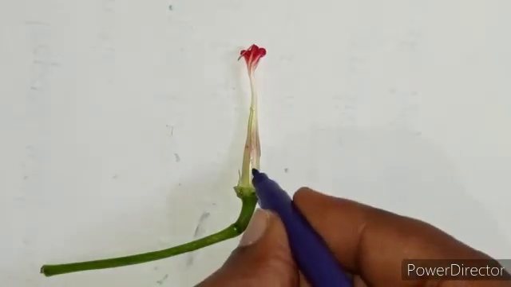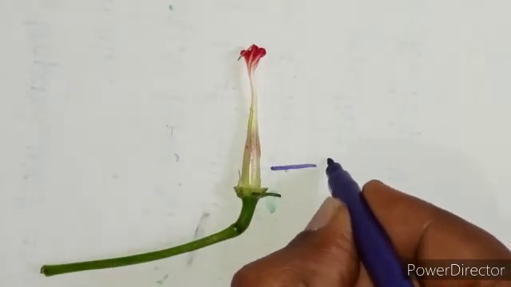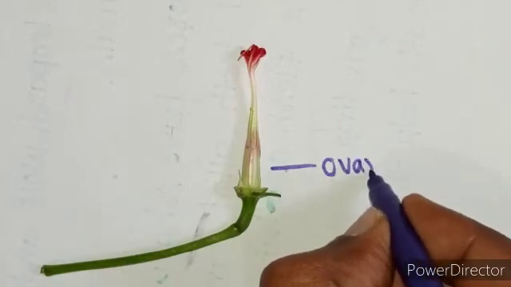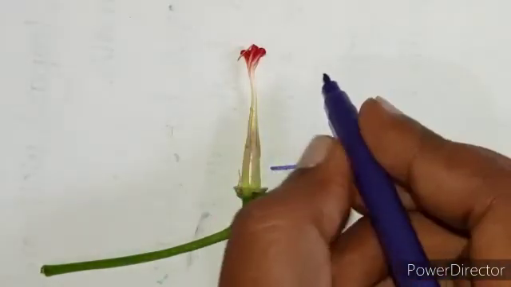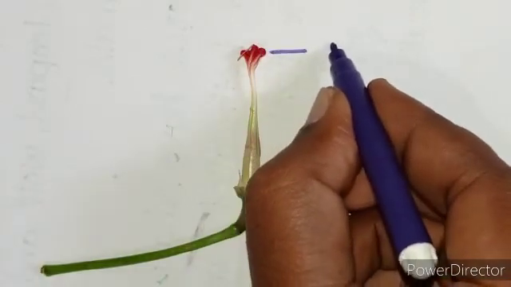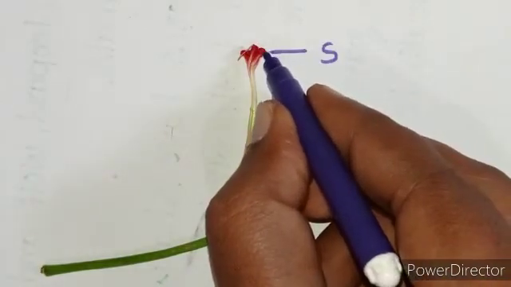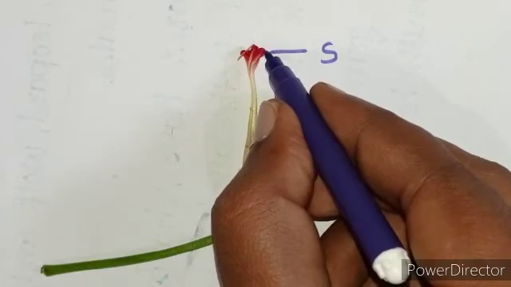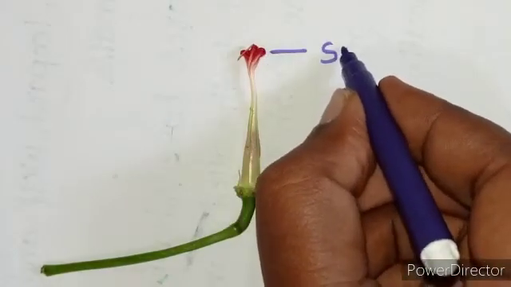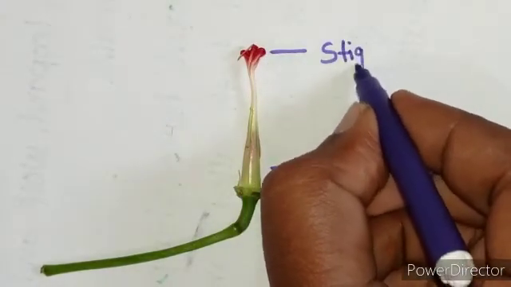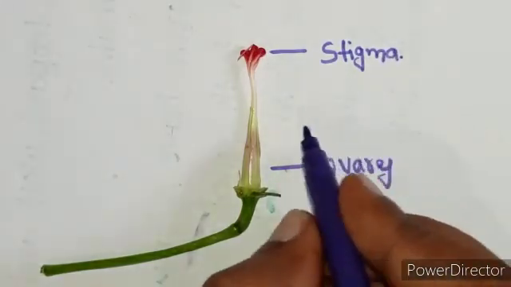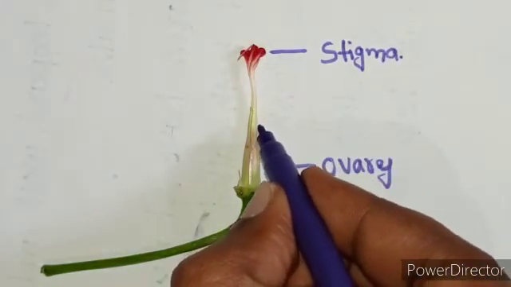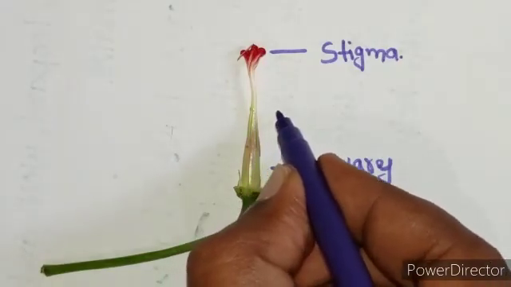All of you see here, this is the ovary. And this part is called stigma. This is the uppermost tip of a flower. And this part is called style.